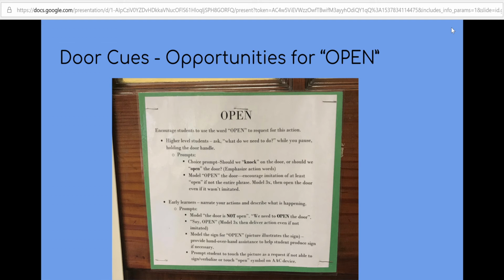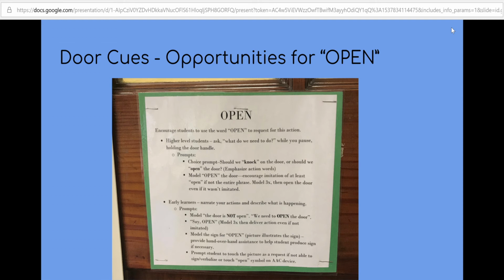Prompts include model the door is not open. We need to open the door and say open. Model that word 3 times and then open the door even if it was not imitated. You can also model the sign for open, which is what the picture illustrates, which I will show you in the next slide, and then provide hand-over-hand assistance to help the student produce the sign if you need to.